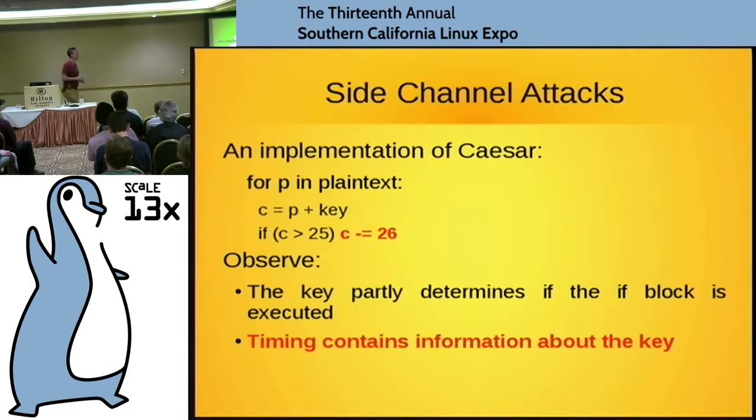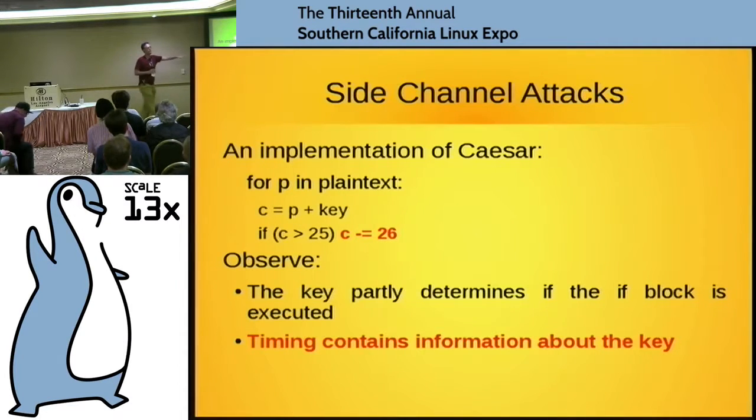All right, so now the other thing I think you ought to know about is a very different kind of attack. So let's imagine that I've implemented the Caesar cipher this way. So what am I doing? For every letter, and this is kind of Python-like pseudocode, for every letter in the plain text, I'm going to add the key, and then if it's outside of my range, I'll just subtract it. I'll just wrap it around, yes?